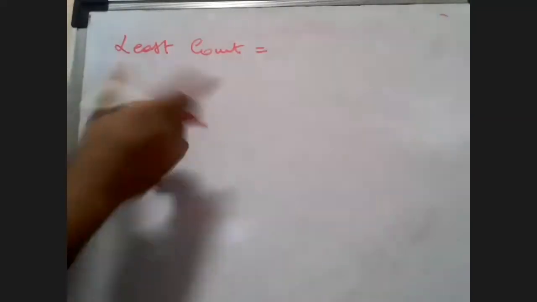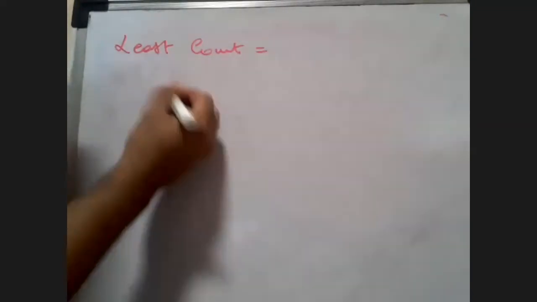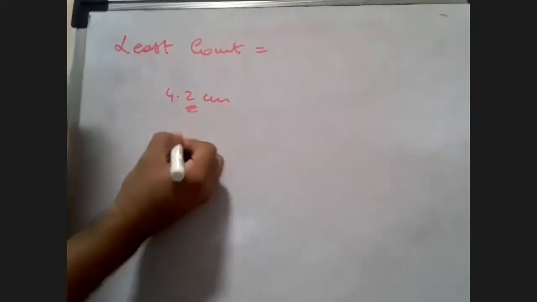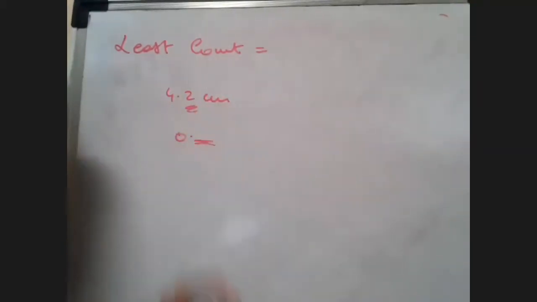The length of the plate is measured using a vernier caliper of least count 0.01 centimeters. Let's call that least count. What is the meaning of least count? You all know. Least count is the maximum error that I can make. Suppose my object was 4.2 centimeters. That means the maximum error I can make is some millimeters, isn't it?